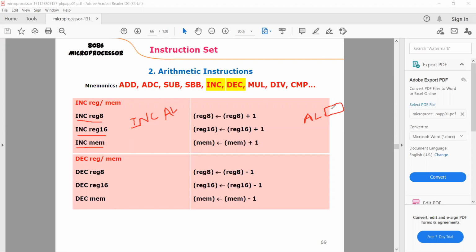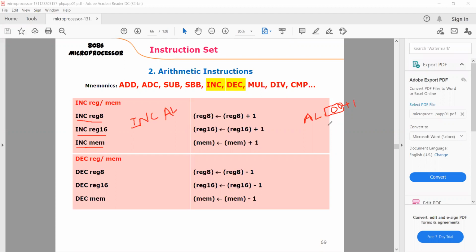Let us suppose that the AL register is containing 0 0 for example. Now when you use this instruction INC AL, the data present in the AL register will be incremented by one value.